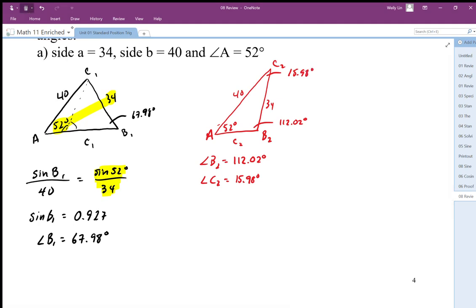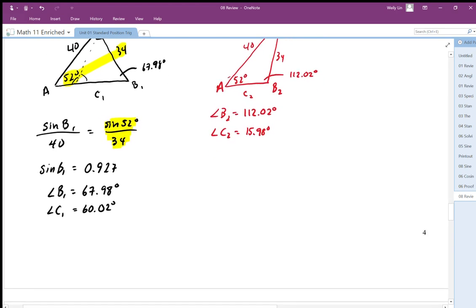For angle C1, we do the same thing. 180 minus 52 minus 67.98, and that gives us 60.02 degrees. Okay, so that's going to be 60.02 degrees, and we deduce that from 180 degrees.